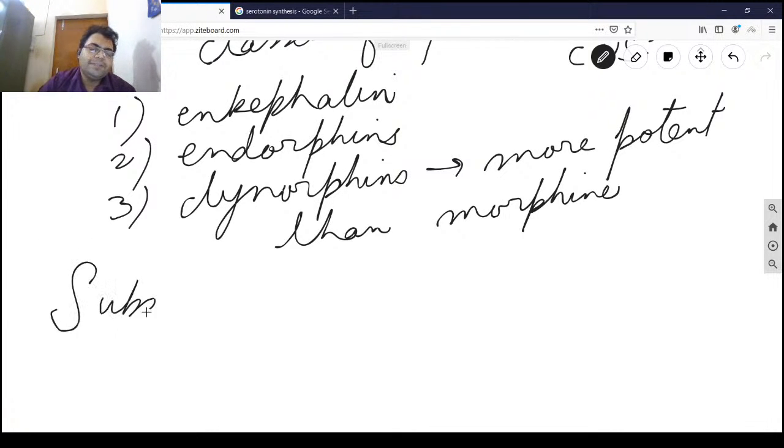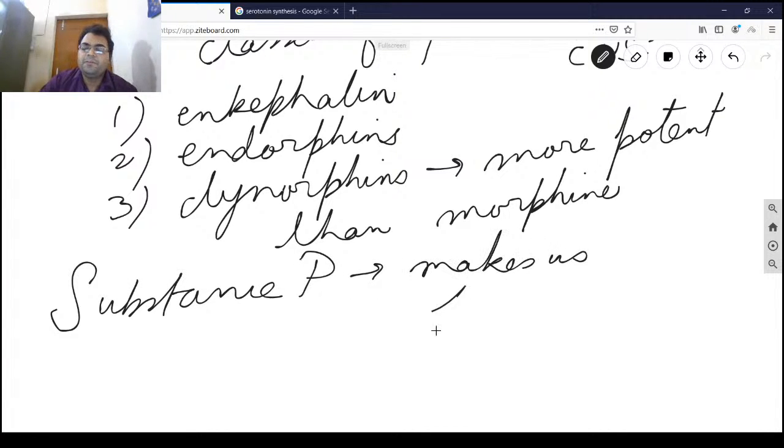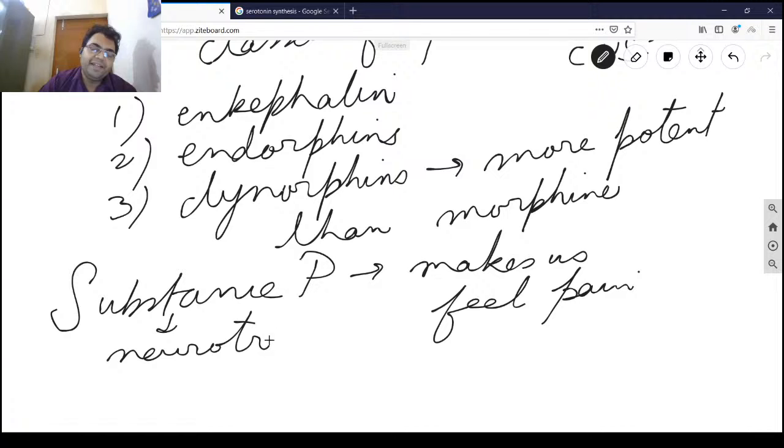So we have a specific neurotransmitter known as substance P, which makes us feel pain. Okay. So this neurotransmitter makes us feel pain. Substance P. Okay. So we have various types of neurotransmitters at our disposal.